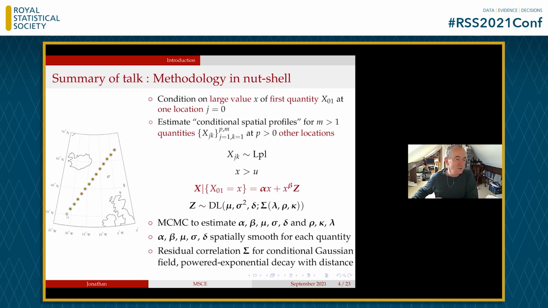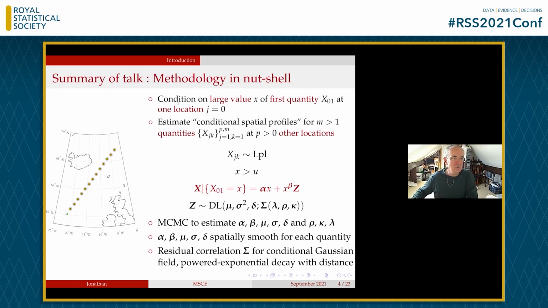So what we're interested in knowing is what is the shape, what is the profile, what is the joint spatial distribution of all of the quantities at all of the other locations, given that you have an extreme event of that one green quantity at that location.